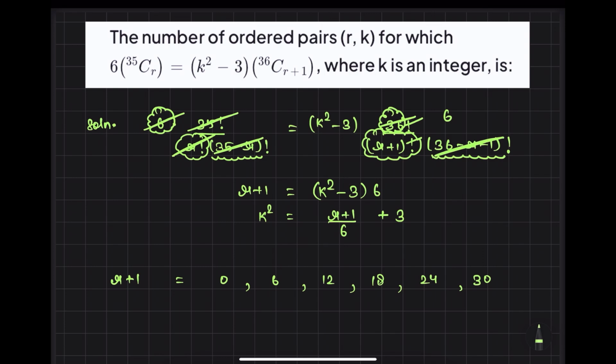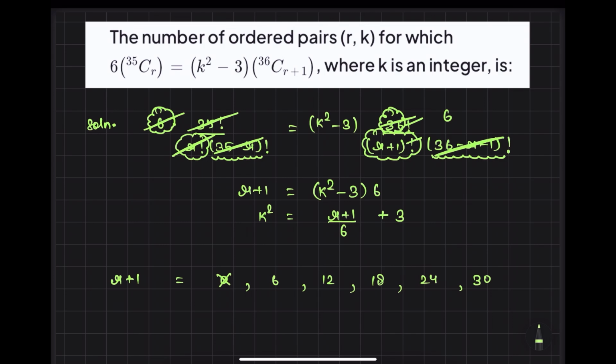Now look at r plus 1. Suppose r plus 1 is 0; in that case r becomes minus 1, so we cannot take this number, reject. Suppose r plus 1 is 6, so r becomes 5. This is divisible by 6 giving 1, and 1 plus 3 is 4, and 4 is a perfect square number.